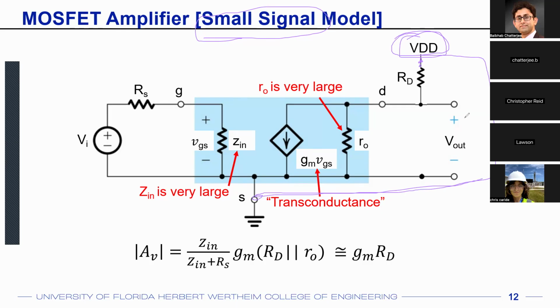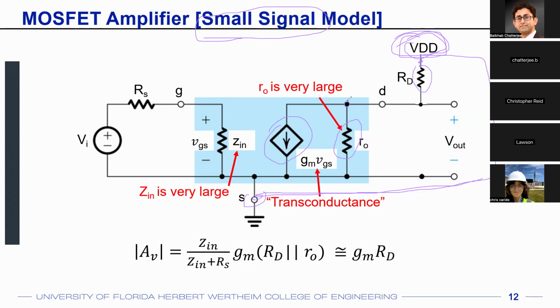What that means is that this RO resistance, which is across the transconductance, and this RD resistance, which was otherwise connected from the drain toward the top, are affected. In terms of AC analysis, because the VDD node and the ground node are the same, there is absolutely no difference for those two nodes. RO and RD come in parallel now.